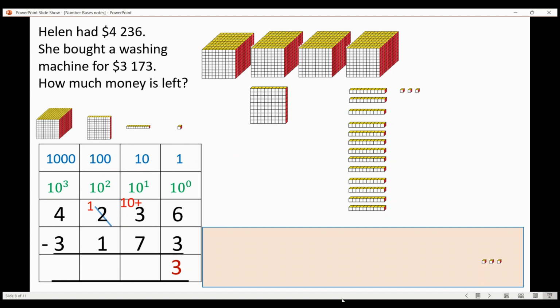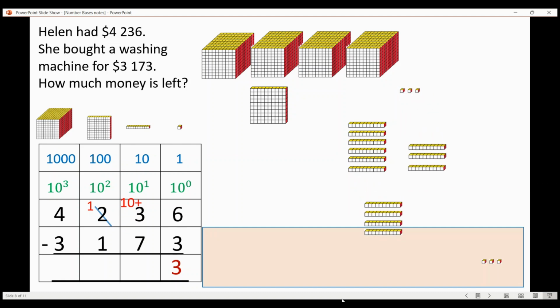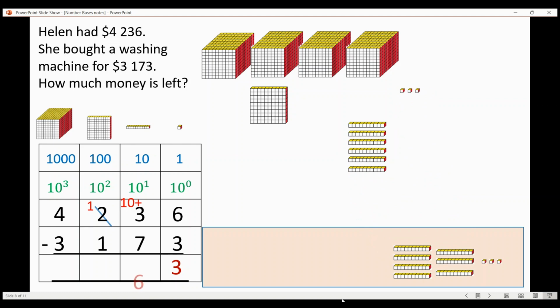And now what do we do? The question says that we need to remove 7 tens in order to pay for the washing machine. So if we do that, then we have 3 and 4, 7 being removed. So we have $73 put away for the washing machine already. And what we're left with is 6 sets of tens. And now we're looking for $100 to be removed.